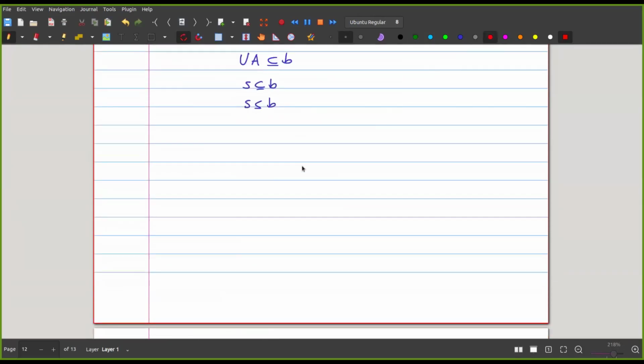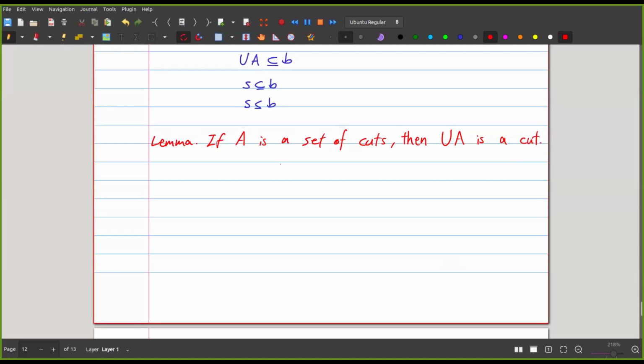So I'm going to just have a small lemma here, which maybe I should have put at the beginning of my proof, which is saying that if A is a set of cuts, so a set of real numbers, again, cuts and real numbers are the same, then the union of all the cuts in A is also a cut.